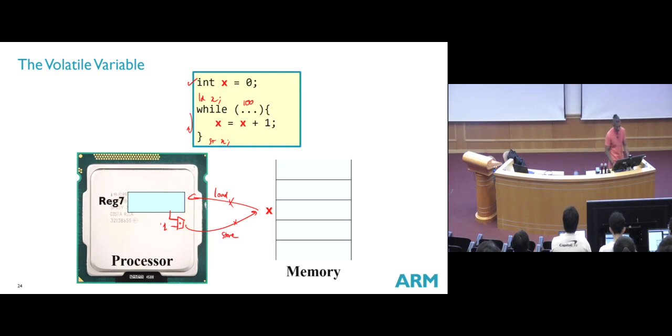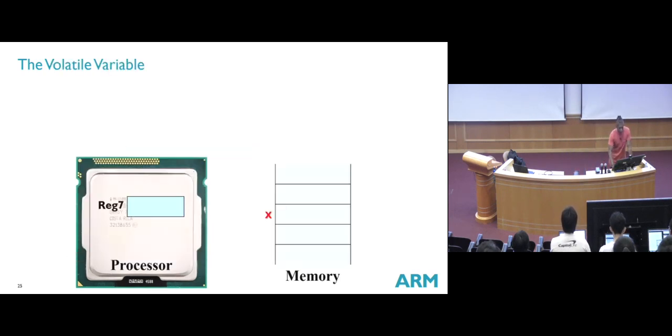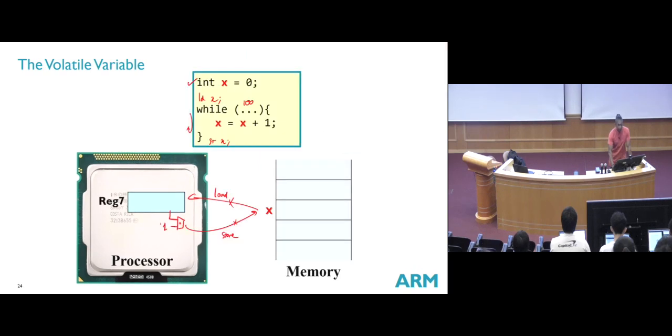But in the context of interrupts, if I have an interrupt here, and inside the interrupt I'm also updating x with some value, and this interrupt is, let's say, tied to the push button and so on, then what happens? This code is unaware that this other code is going to run, correct?